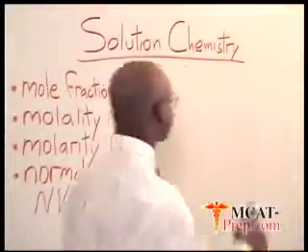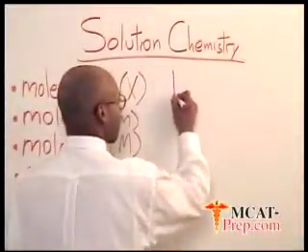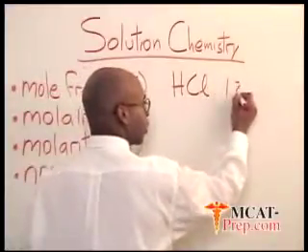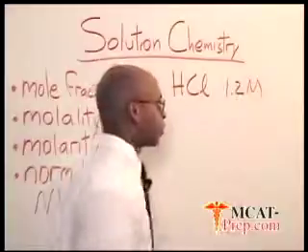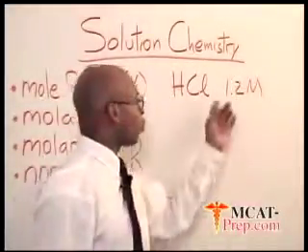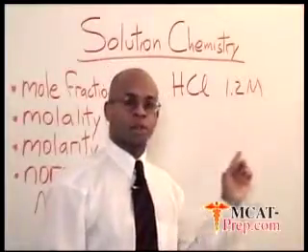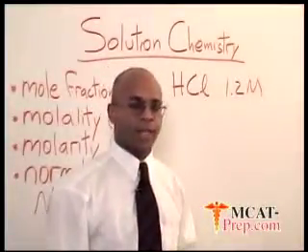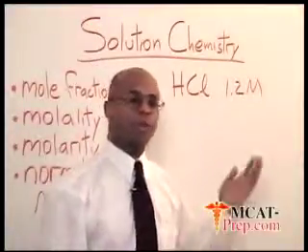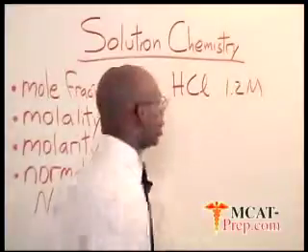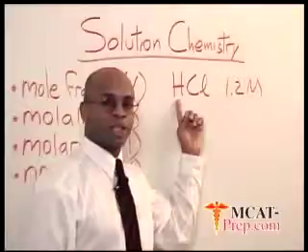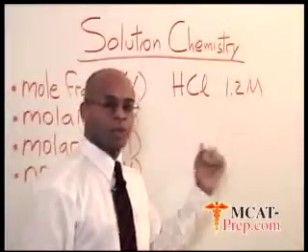More specifically, let us look at HCl, and let's pretend HCl was 1.2 molar. So if we have 1.2 molar HCl, that means we have 1.2 moles per liter of HCl. So how many equivalents per liter do we have? What would be the normality of HCl? Well, for every mole of HCl, there is one equivalent, one hydrogen that can be dissociated.